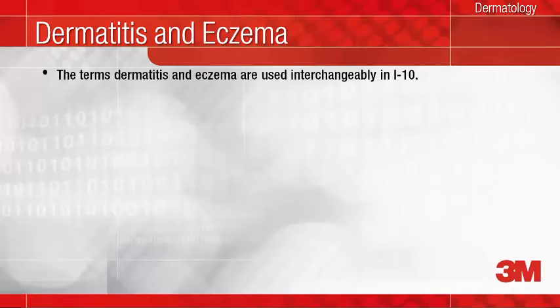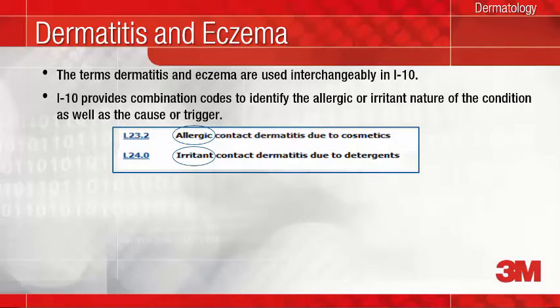The terms dermatitis and eczema are used interchangeably in ICD-10, much the same as they were in ICD-9. You will find that ICD-10 provides codes for most of the same types of dermatitis and eczema that you were familiar with in ICD-9. What's different in ICD-10 is that contact dermatitis is further specified as being due to an allergen or irritant.